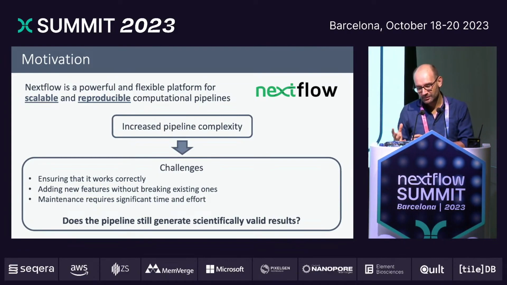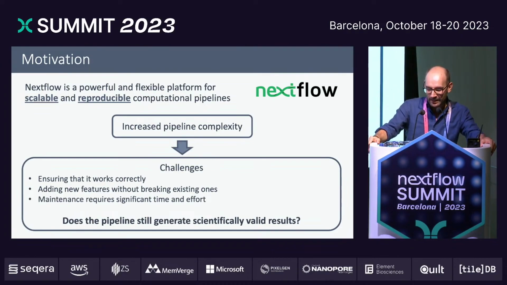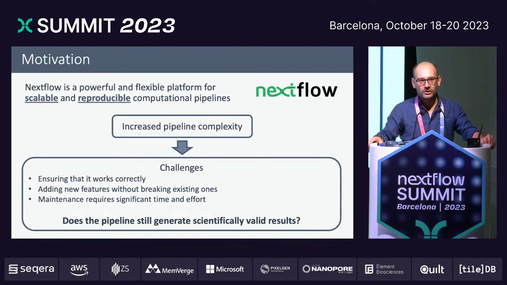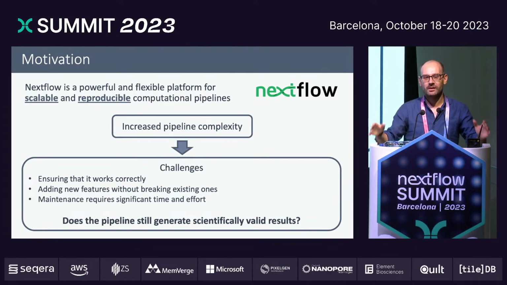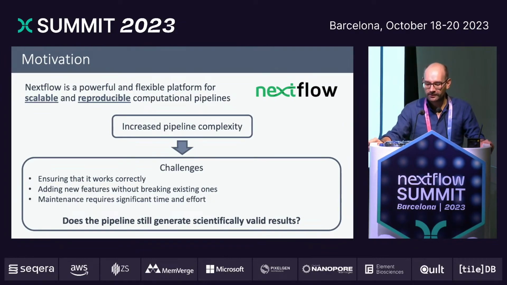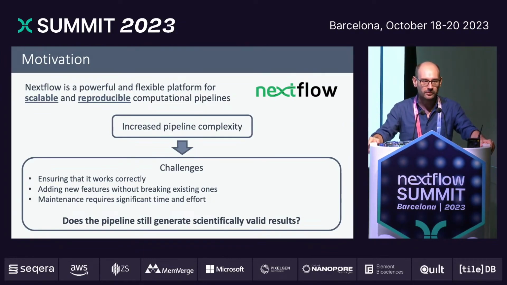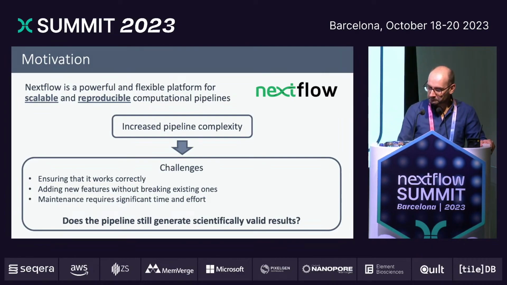Adding new features without breaking existing ones could be non-trivial and time-intensive, and maintaining such a complex pipeline requires a lot of time and could sometimes be a frustrating task. On every change, we are confronted with the question: does our pipeline still generate scientifically validated results?